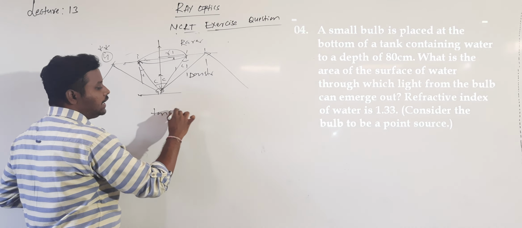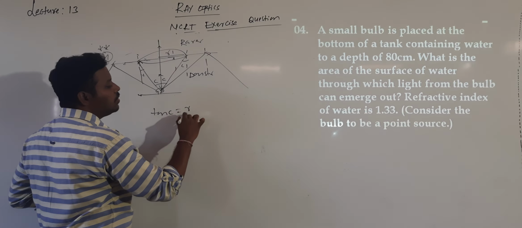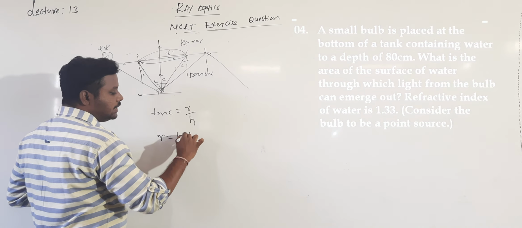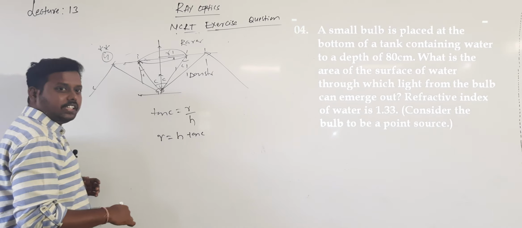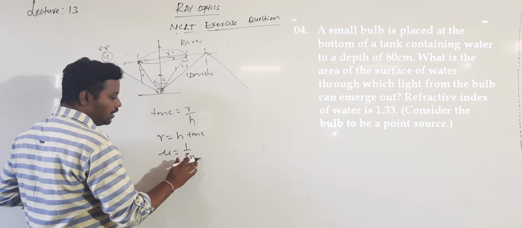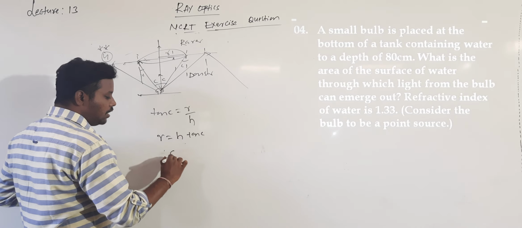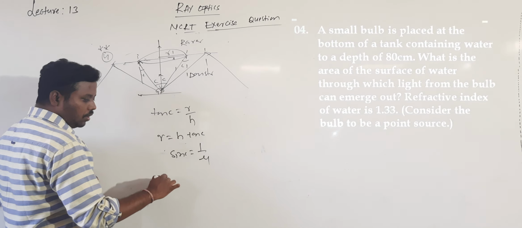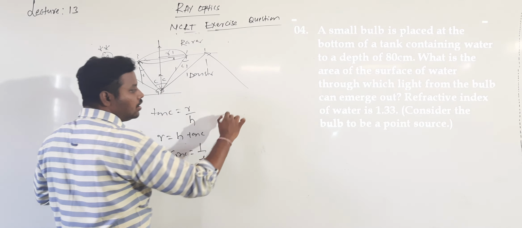What is the formula for tan C? Tan C is equal to R divided by H, so R is equal to H into tan C. We know that mu is equal to 1 by sin C, so sin C is equal to 1 by mu.